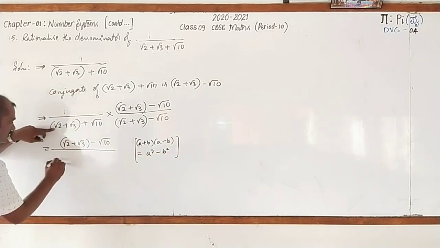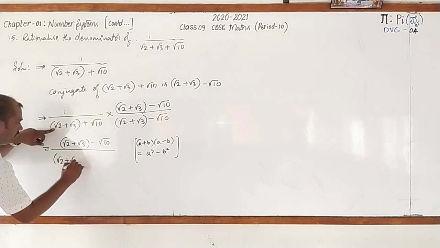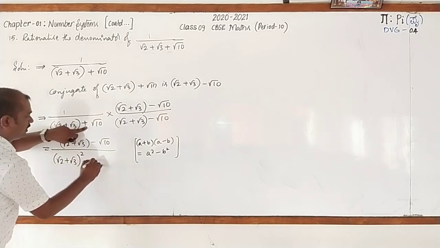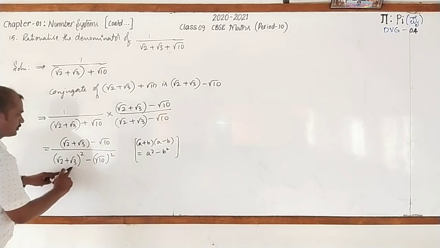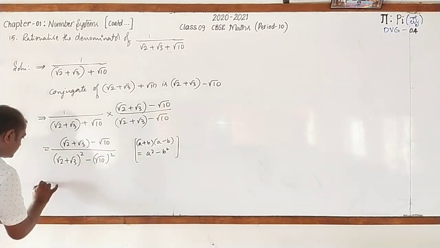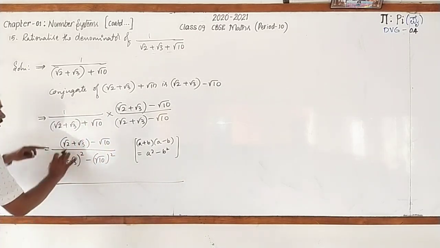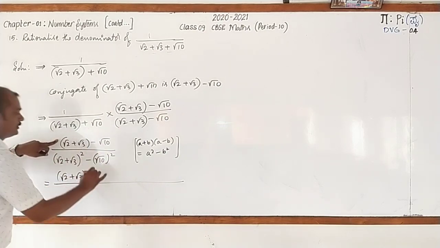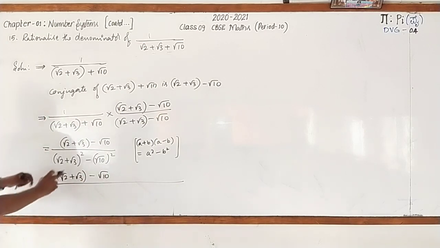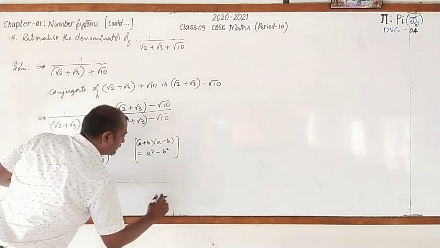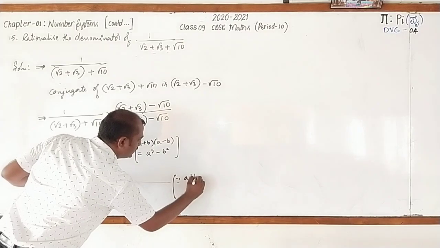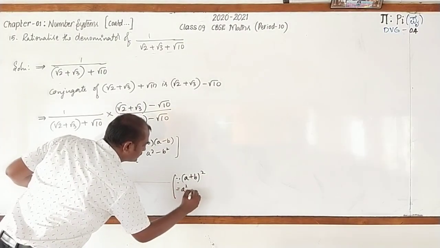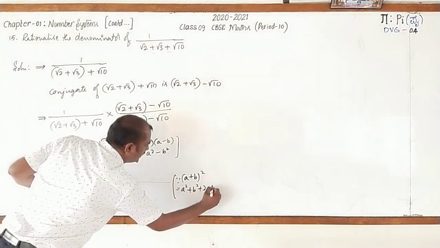Now we can write this as root 2 plus root 3 whole square minus root 10 whole square. A square minus b square. This is equal to, here I write root 2 plus root 3 minus root 10. Whereas denominator, you just observe, this is of the form a plus b whole square, where a plus b whole square is a square plus b square plus 2ab.